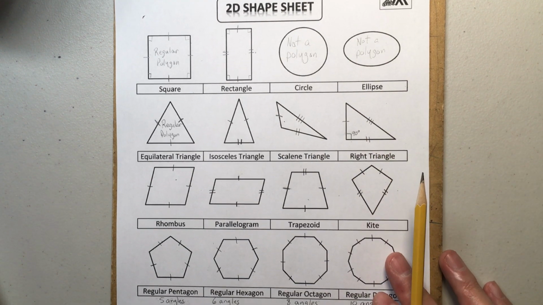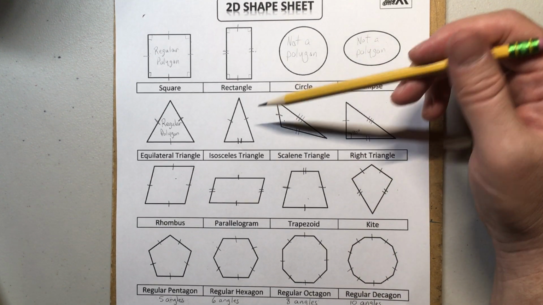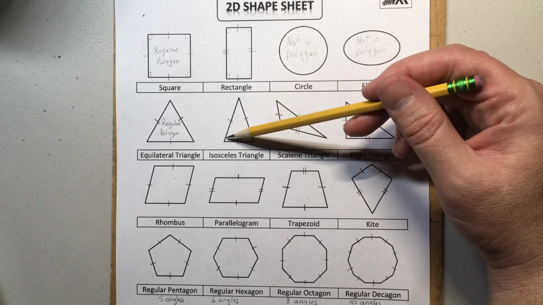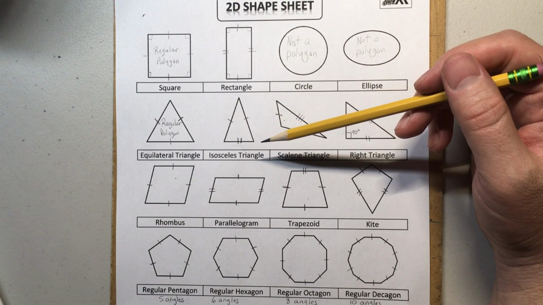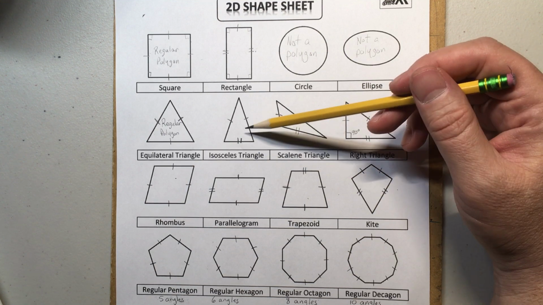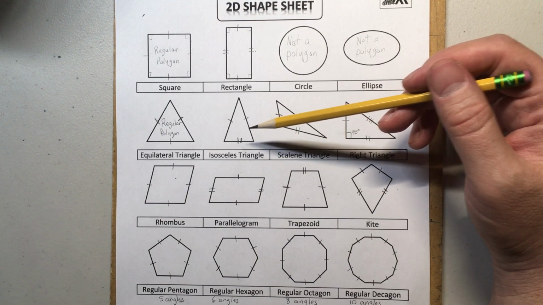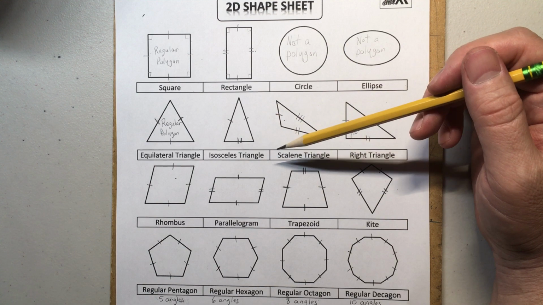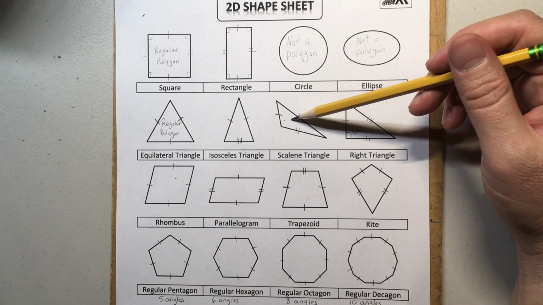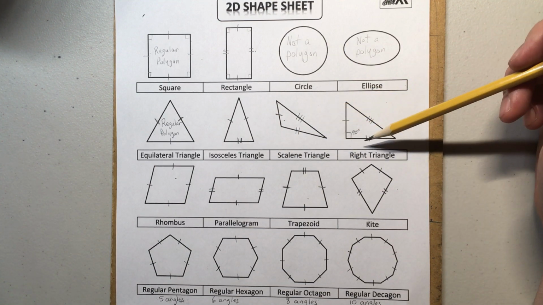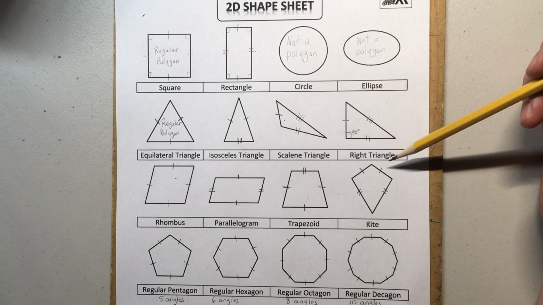And remember why it's called isosceles: it has 2 sides of equal length and 1 side that is not of equal length, and it always makes this type of shape that's real pointy. These are not regular polygons because the sides are not of equal length.